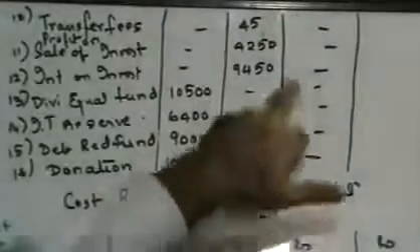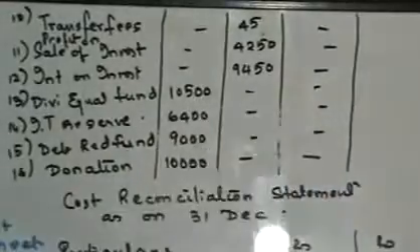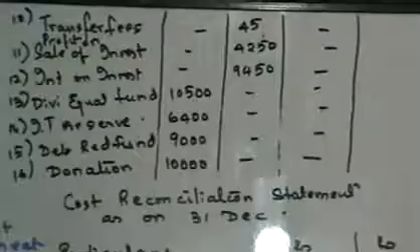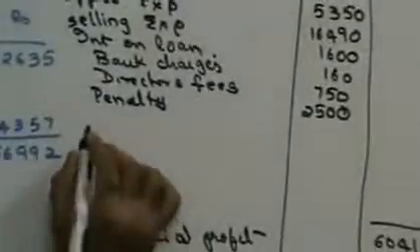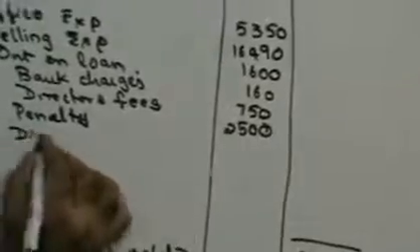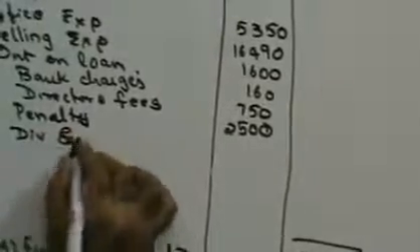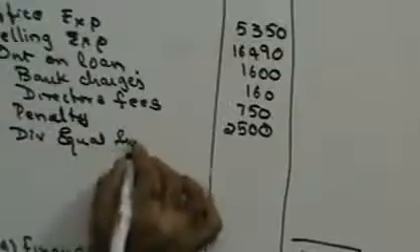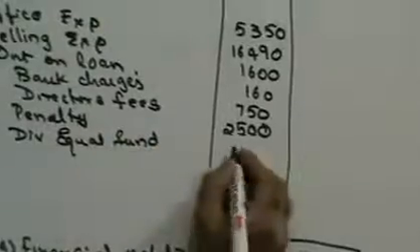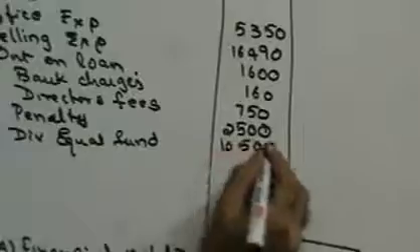Okay. Now, dividend equalization fund, IT reserve, debenture redemption fund and donation. All these four figures are less. Since they are less in cost account, therefore they will be recorded in the less column. So I will record all four of them here. Dividend equalization fund is 10,500.